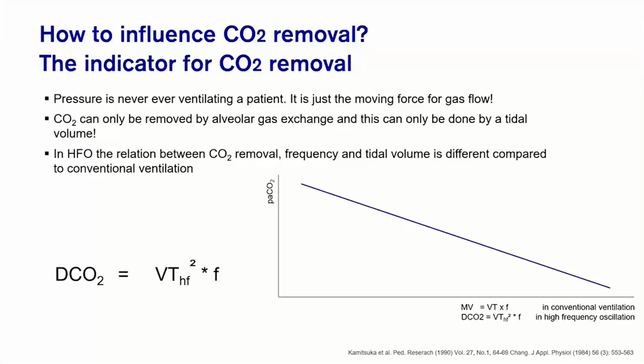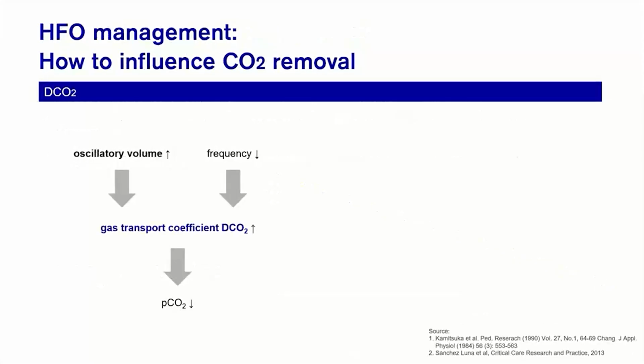And this formula is very important to remember, because small changes in tidal volume can influence a lot the CO2 removal capabilities of high frequency oscillation. So we see as well in this picture, oscillatory volume and frequency both are influencing the gas transport coefficient, the DCO2, and this basically is influencing the PaCO2.